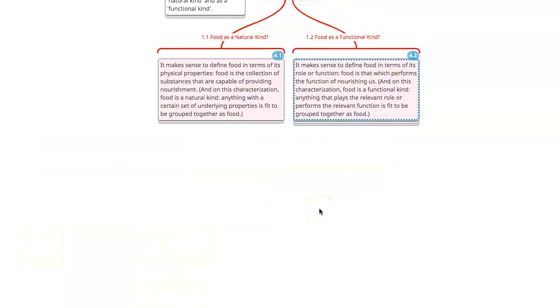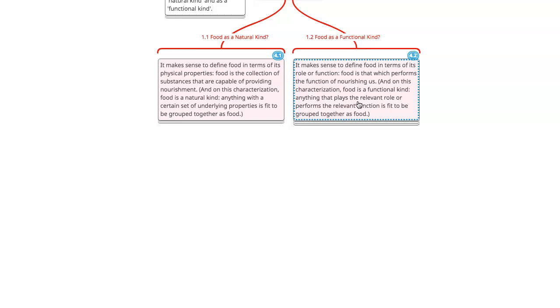Food as a functional kind. So if we set this side aside, we might argue that it makes sense to define food in terms of its role or function. So the definition of food is that which performs the function of nourishing us. Yes, it's in virtue of certain properties, but any combination of properties is fine.